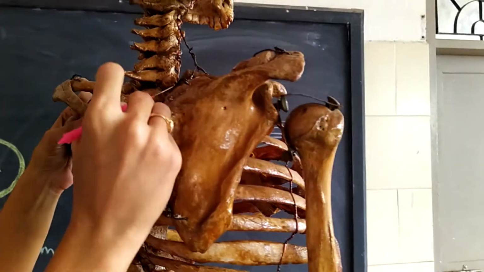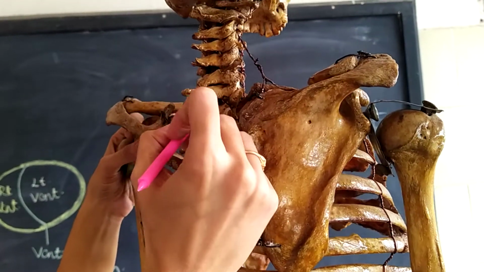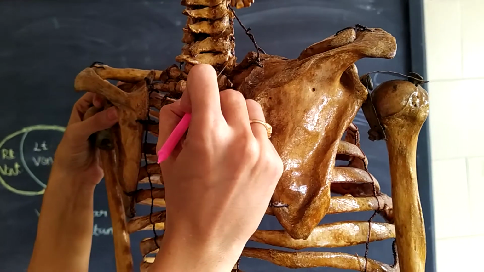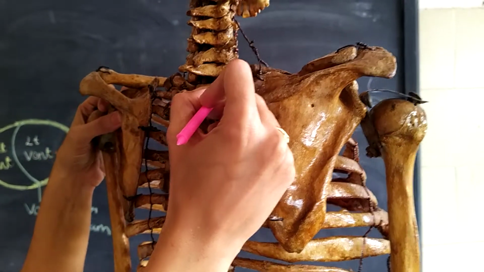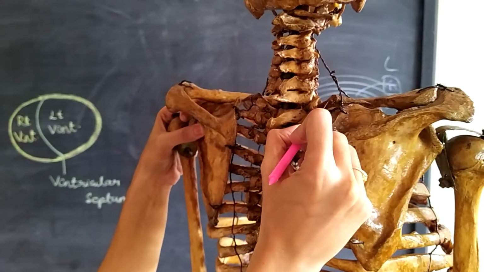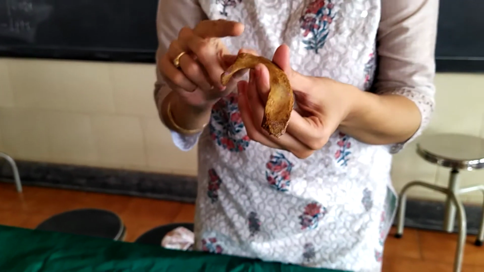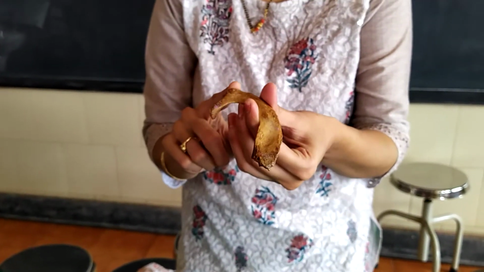This is the transverse process of the first thoracic vertebra, articulating with the facet present on the tubercle. In the case of the first rib, the angle is coinciding with the tubercle.